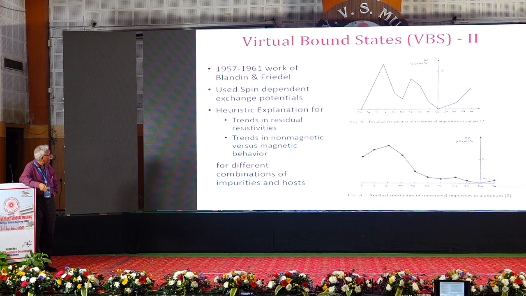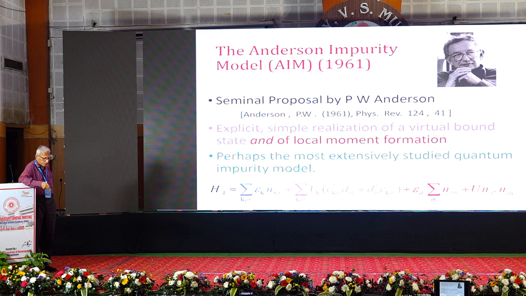So in 1957 to 61, Friedel and Blandin used a slightly modified version of their virtual bound state model, where they said that the effective potential that the electron sees is spin dependent, and based on that they could explain some of the trends in magnetic versus non-magnetic behavior and the trends in residual resistivities for different impurities in metals, but they could not explain this resistance minimum, and that had to wait for Kondo.